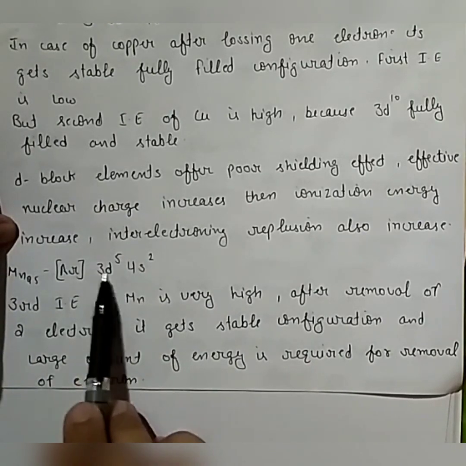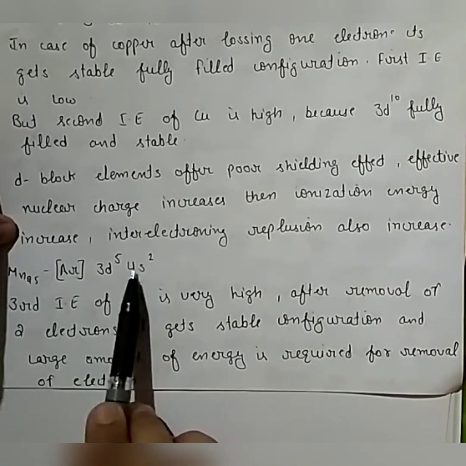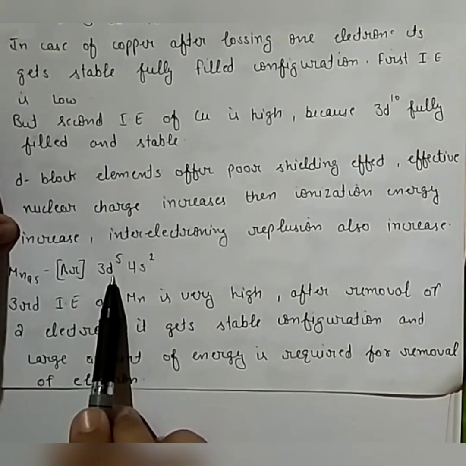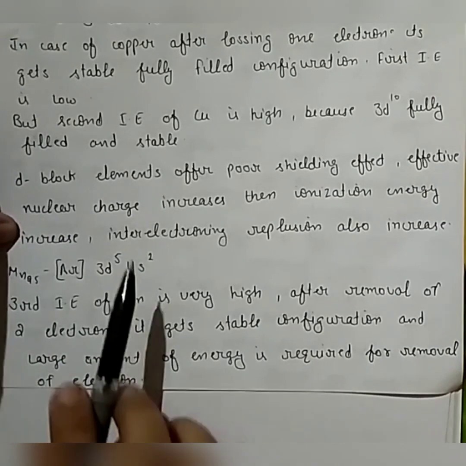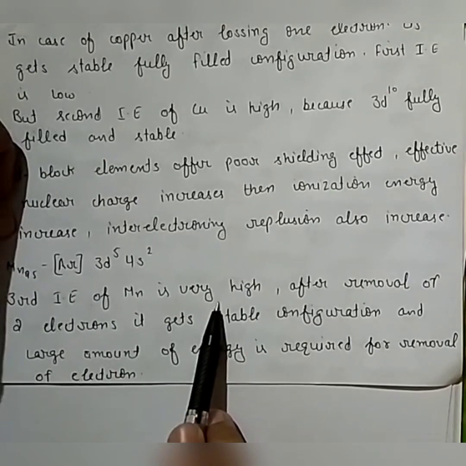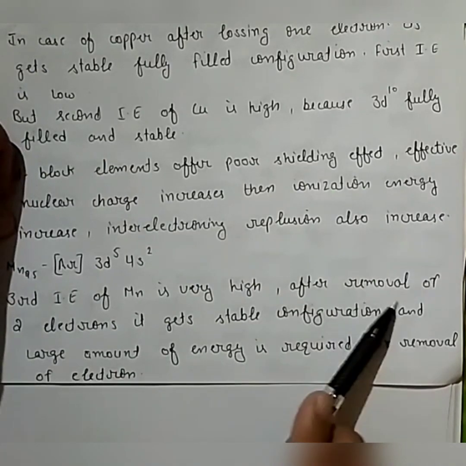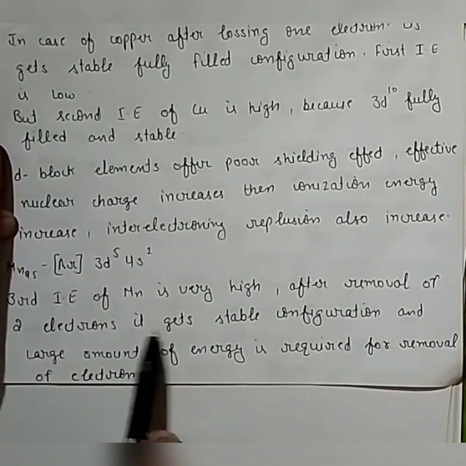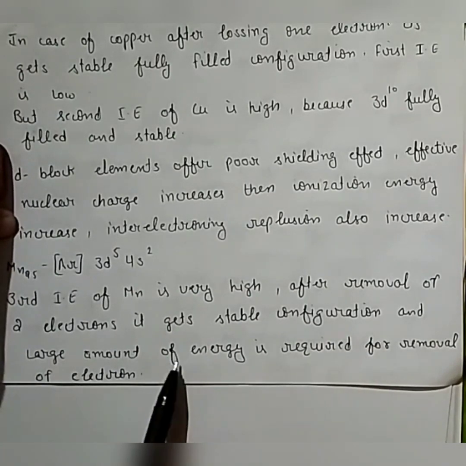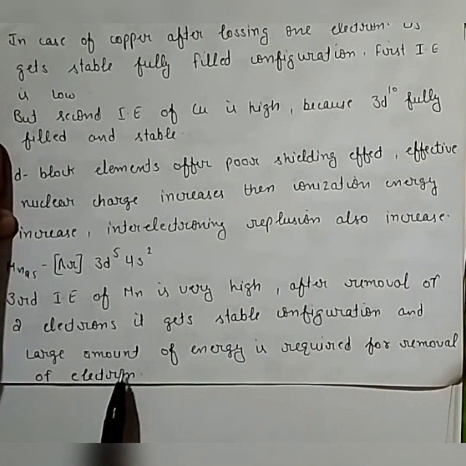This is half filled, and if we remove these two electrons, it gets a stable and half filled configuration. The third ionization energy of manganese is very high. After removal of two electrons, it gets a stable configuration and a large amount of energy is required for removal of an electron.